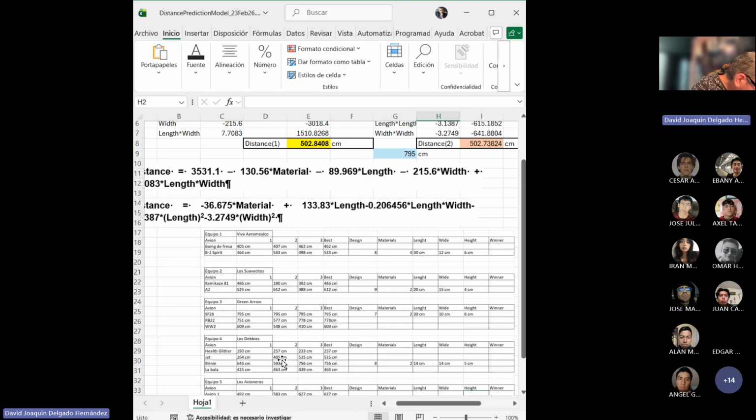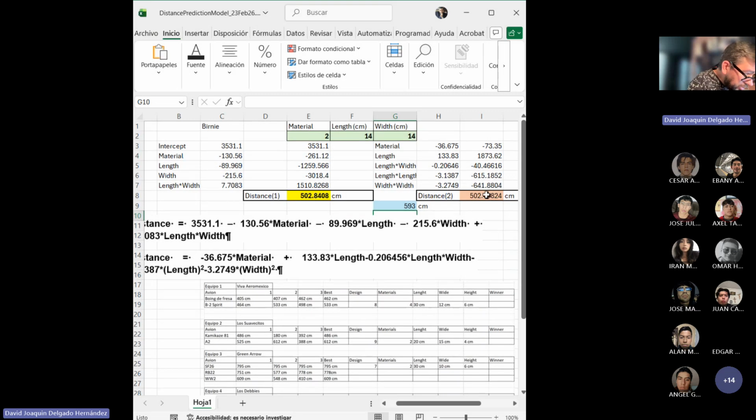Let us put 593, okay? But look, this quadratic model is also giving me the same value as the linear model. Here I am going to print this part of the screen and put it in my Word file.